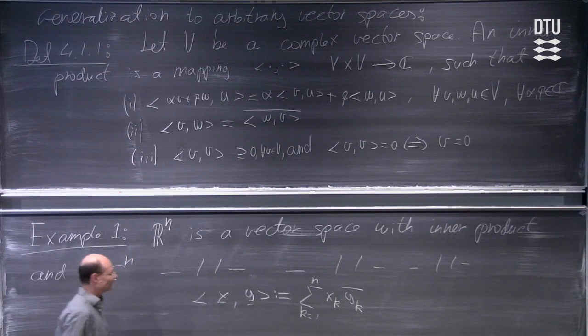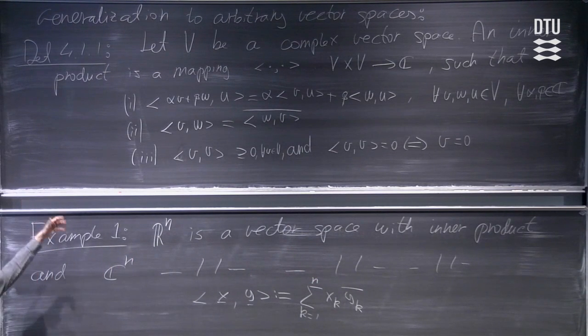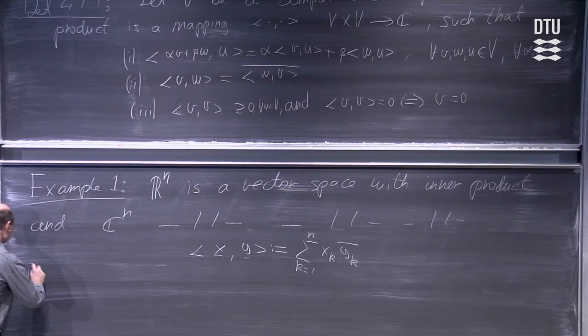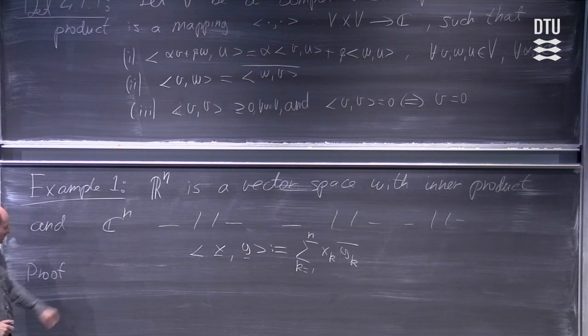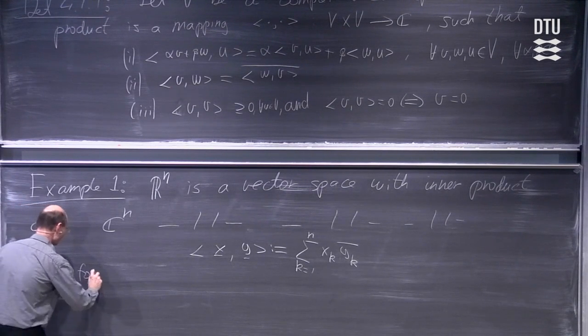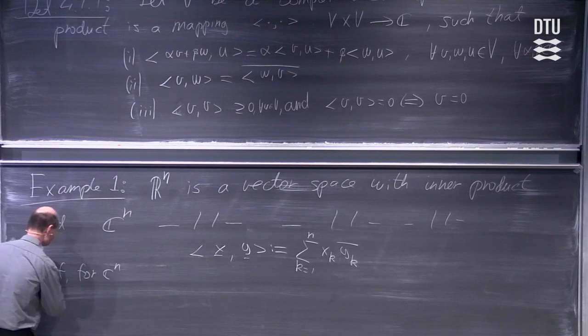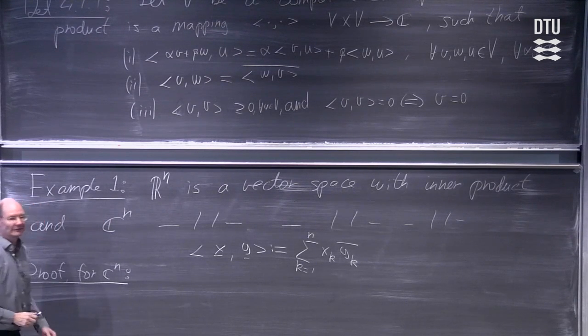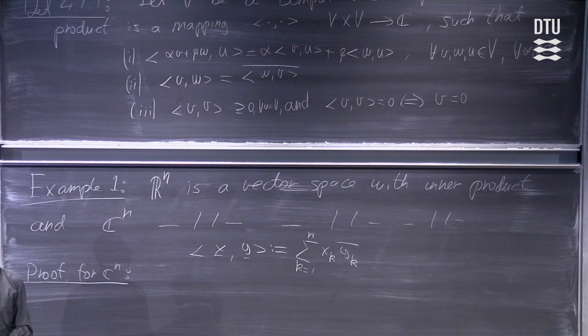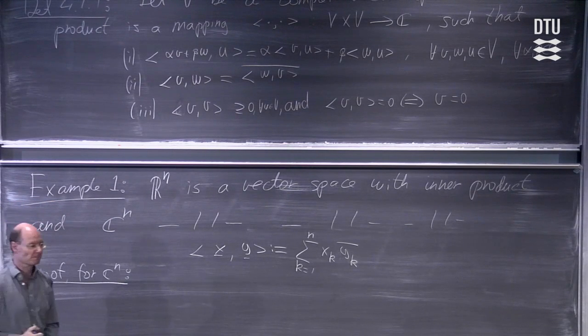So let's check that this actually satisfies all the conditions that we have here. Let's call it a proof, but we only look at it for the case of Cn. You can see the situation is very similar to what we had when we looked at normed vector spaces.